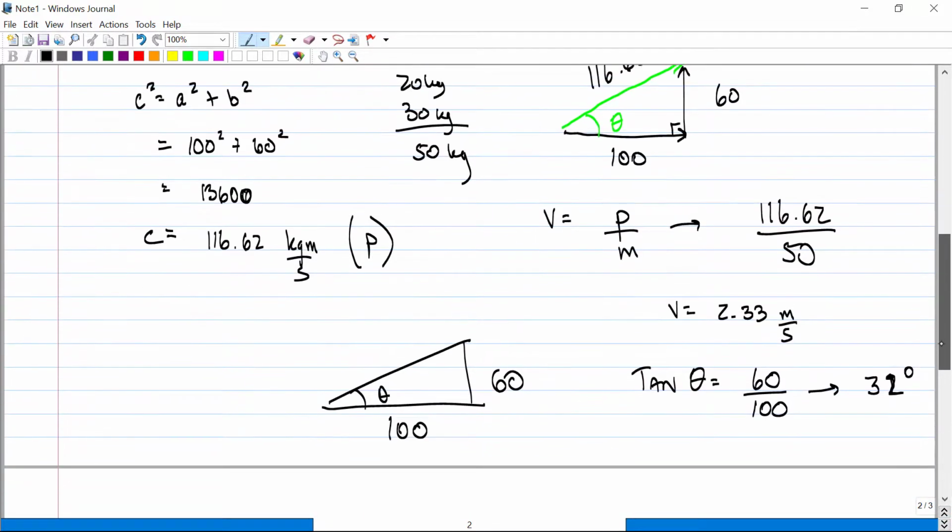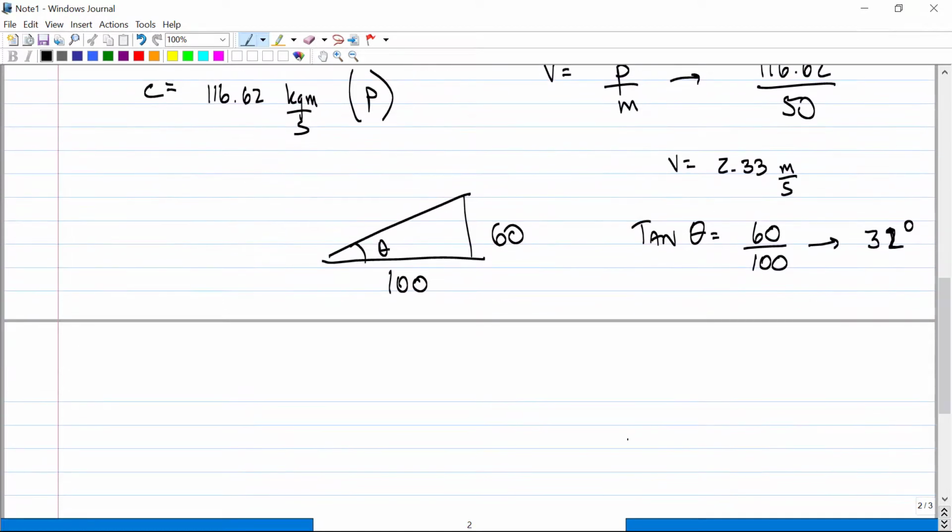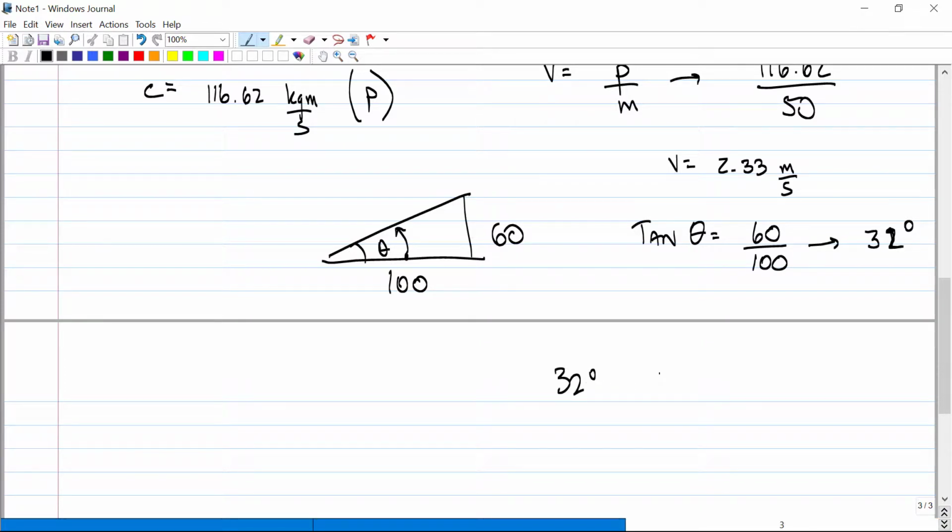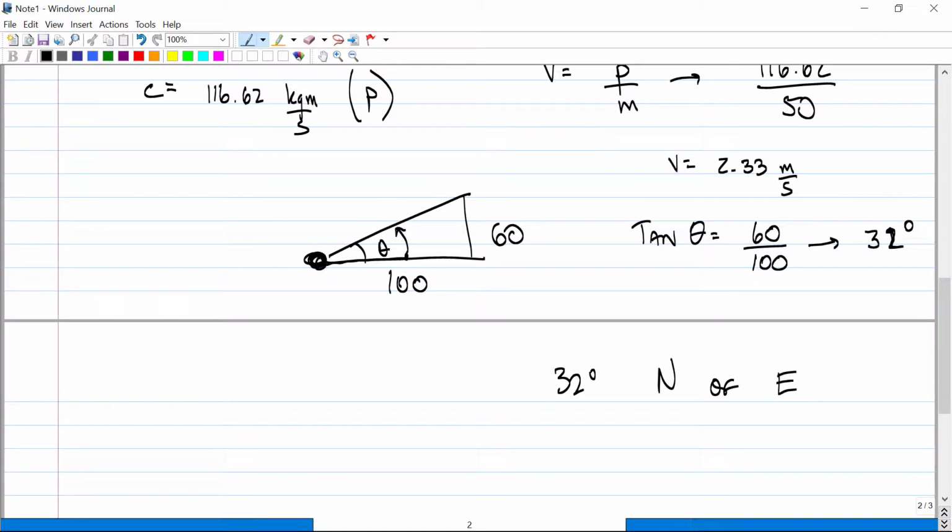Now what that means is it's 32 degrees, but you've got to be specific. 32 degrees relative to what? Well, if you're going east and you're going north, then that angle is being measured from the east line going north. So it's 32 degrees north of the east line. 32 degrees north of east.